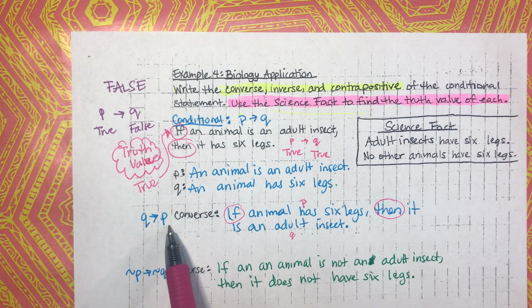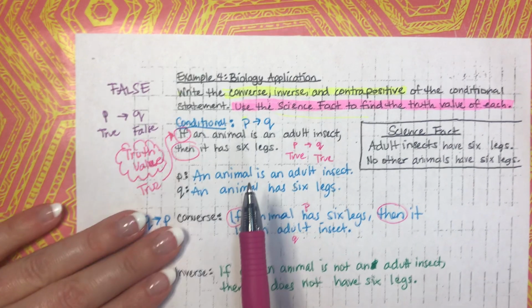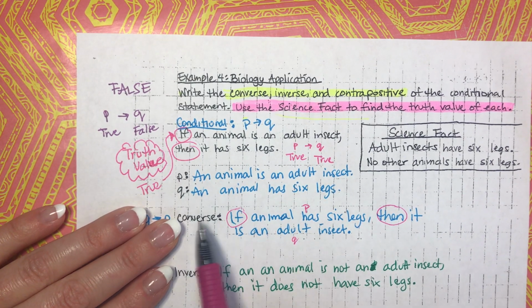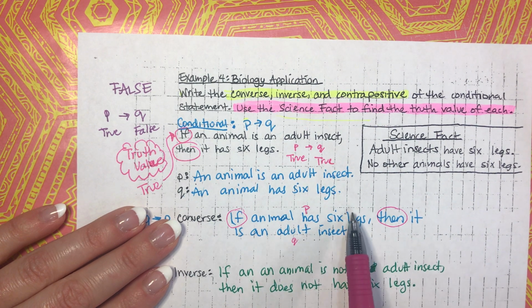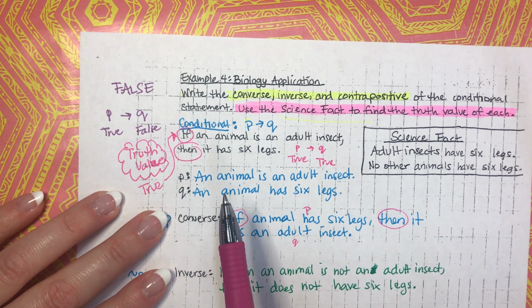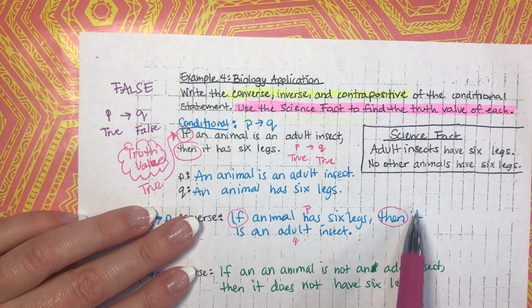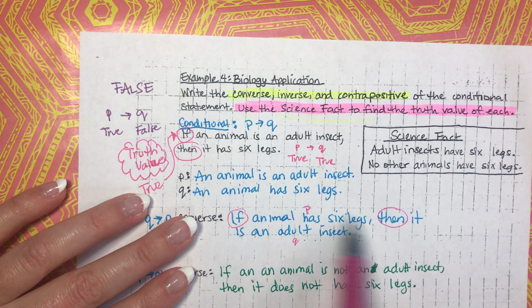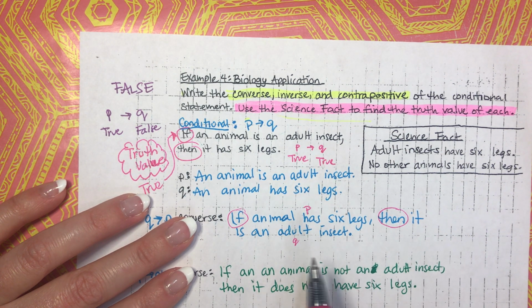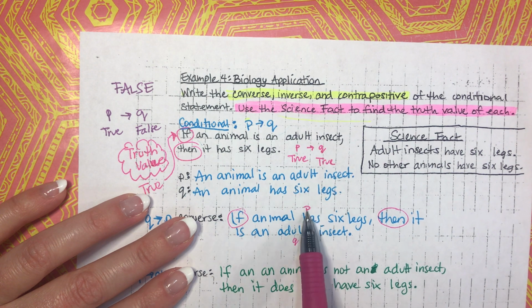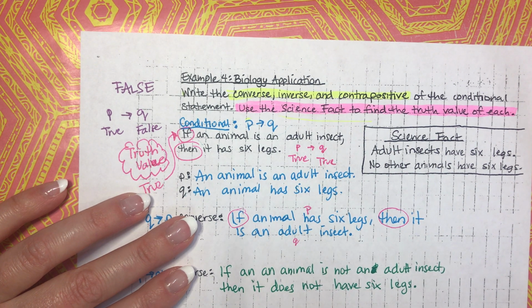And I know that they're flip-flopped, right? But it's like we're ignoring this and just looking at this as if it was a conditional statement. Like we know it's a converse and it's not the conditional, but when we're talking about truth value, we just want to look at it as if it's just a regular conditional statement, and this is going to be the P and that's going to be the Q. Okay?